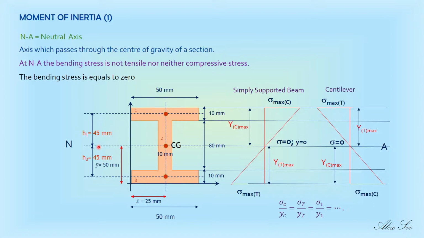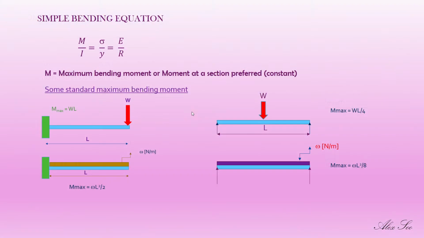And what is the neutral axis? The neutral axis is a neutral layer, or imaginary layer, where we assume there is zero stress. Let's say you have a beam supporting a point load W. The beam will bend, the top layer will be subjected to compressive stress and the bottom layer to tensile stress.